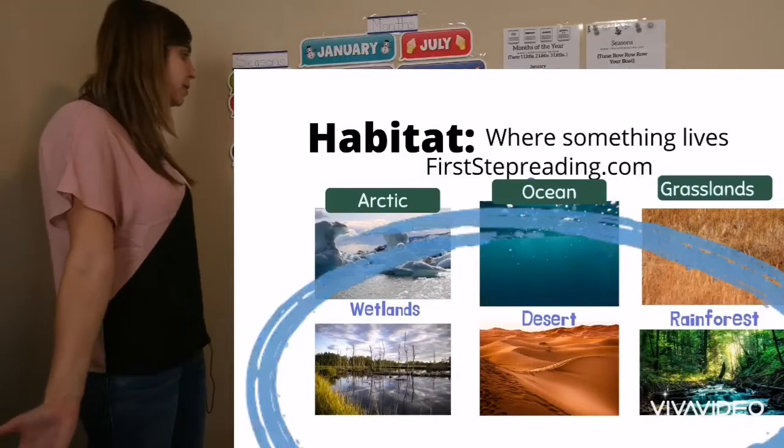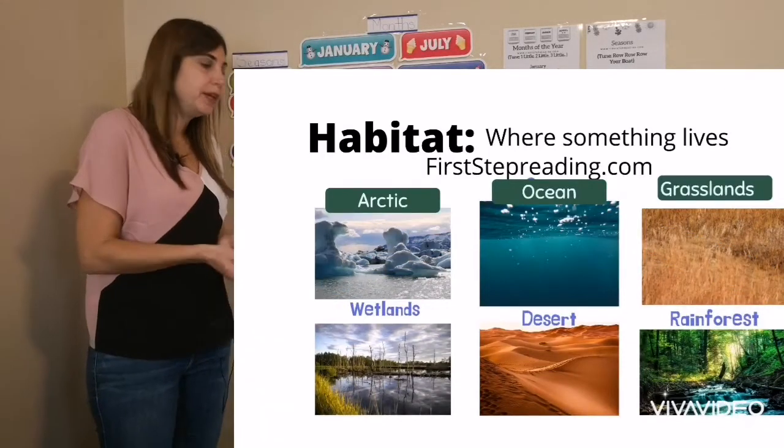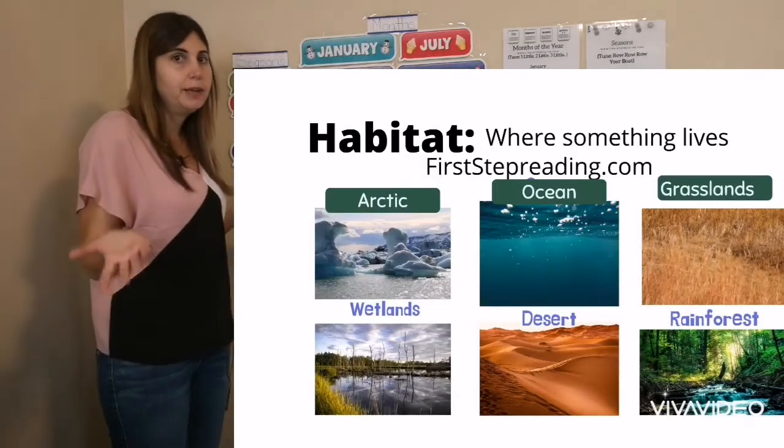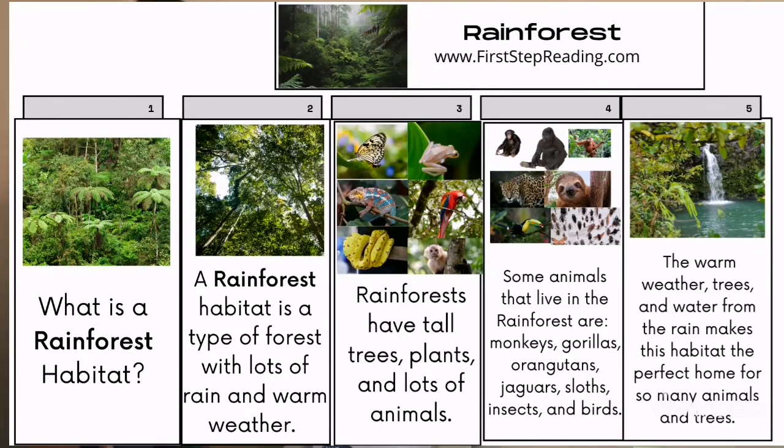So a habitat is the environment or where something lives. Animals and people, right? Have a special environment. So let's read about the rainforest. What is a rainforest habitat? A rainforest habitat is a type of forest with lots of rain and warm weather. Rainforests have tall trees, plants, and lots of animals.